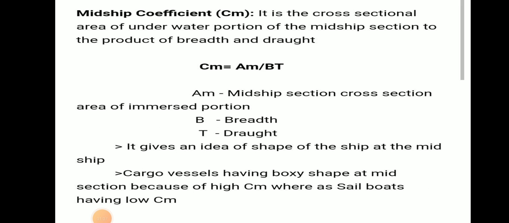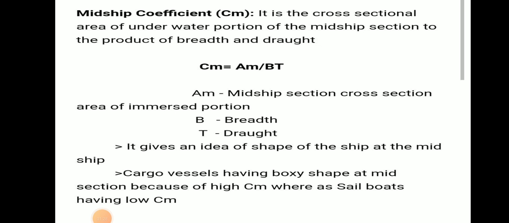Then we have the midship coefficient, or CM. It is the cross-sectional area of the underwater portion of the midship section divided by the product of breadth and draught. That is, CM is equal to AM divided by B into T, where AM is the cross-sectional area of the immersed portion at midship, B is breadth, and T is draught.